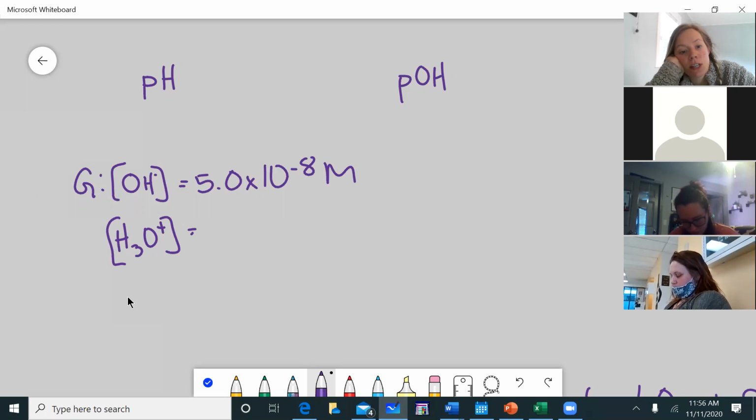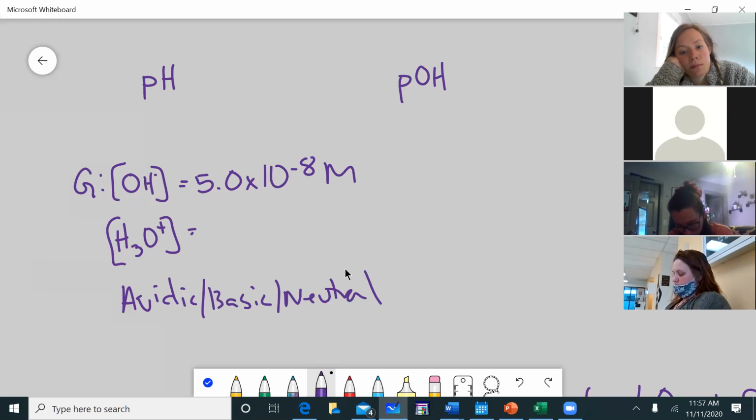What is this concentration? And is the thing that we're working with acidic, basic, or is it neutral? So go ahead and try and solve for that using that Kw equation.